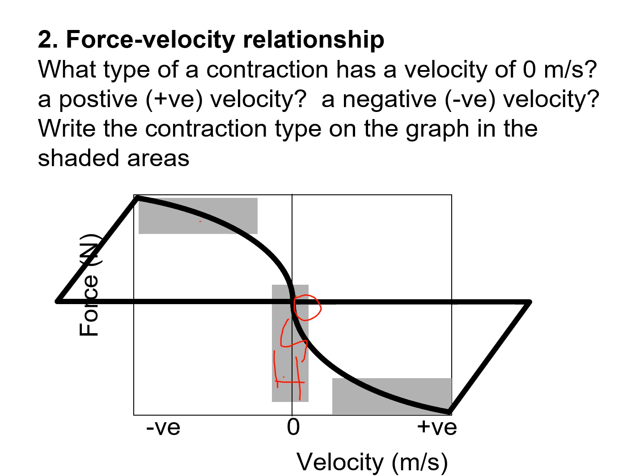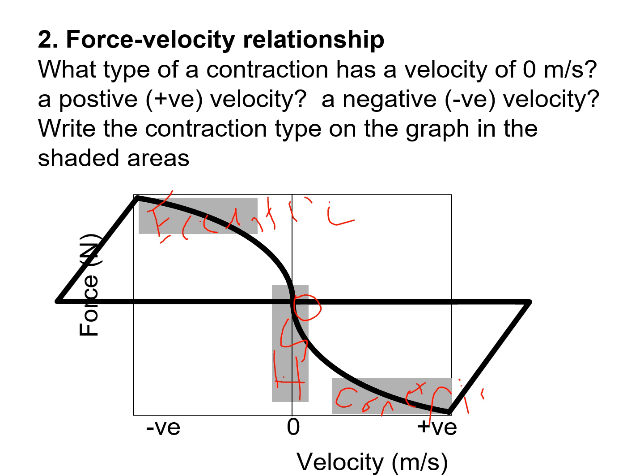So we'll enter in concentric right here. That's our concentric contraction. Then finally, because we don't have any more options left, we'll consider a lengthening to be negative displacement. So we have a negative velocity with our eccentric contraction.